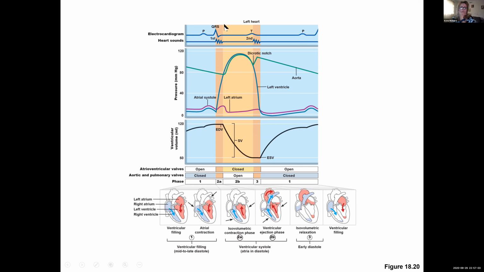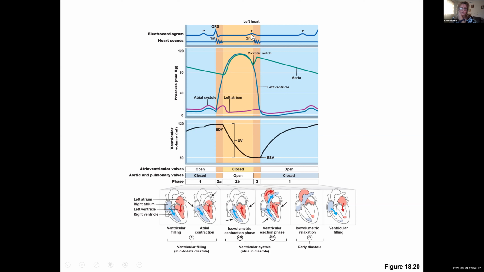Now also you can see how this relates to our EKG, right? So here's the P wave. So we have depolarization of atria, right? And atria contract after that. Now we have the QRS complex, right? And after the QRS complex, what? The ventricle contracts.